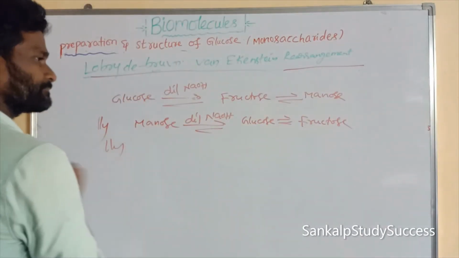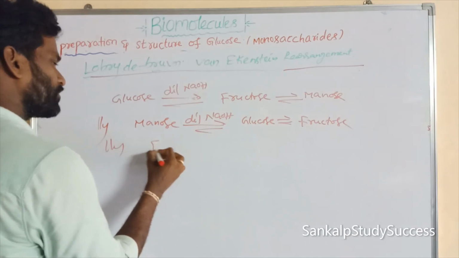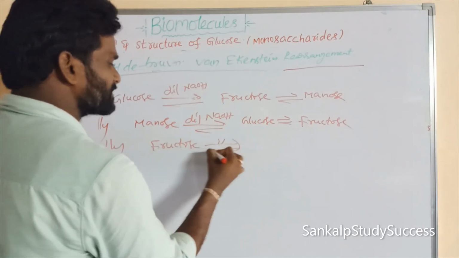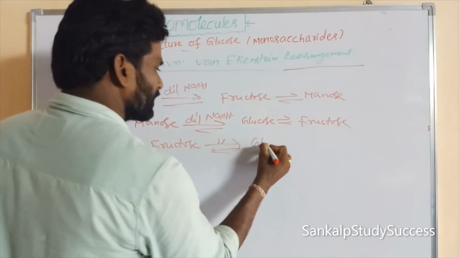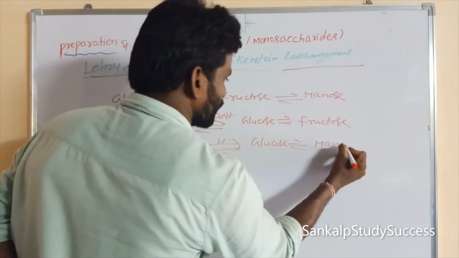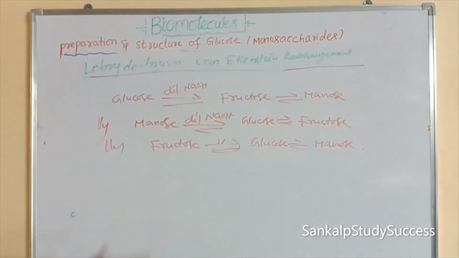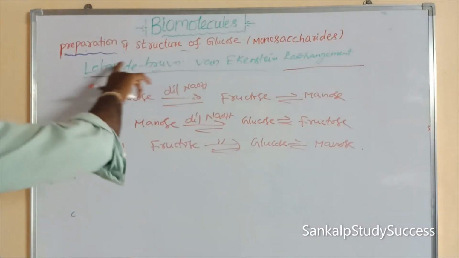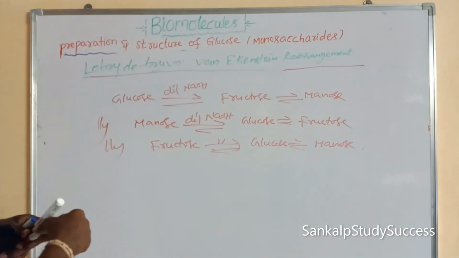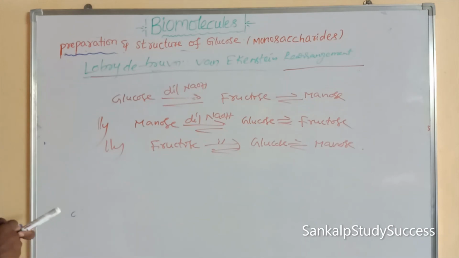Similarly, fructose also treated with dilute NaOH gives an equilibrium mixture of glucose and mannose. So this type of rearrangement is known as the Lobry de Bruyn van Ekenstein rearrangement. So I hope this is clear to everyone.